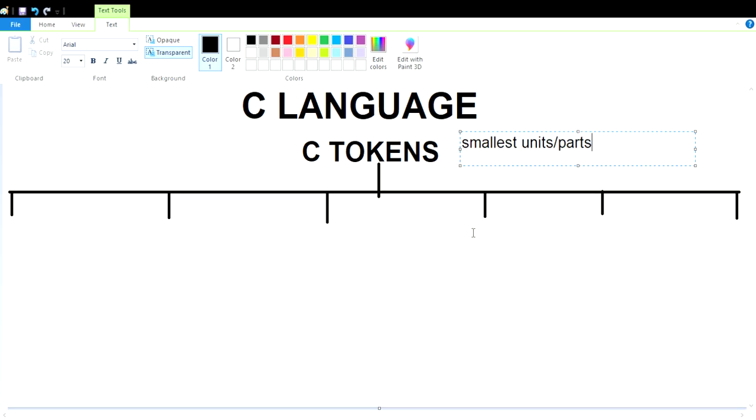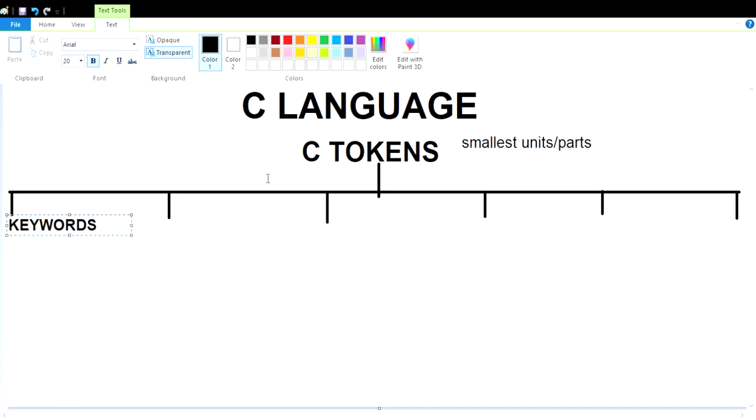If you want to create any program or structure any C language related concepts, that is possible only by using these C tokens. So what are the different C tokens present in the C language? The first one is keywords.